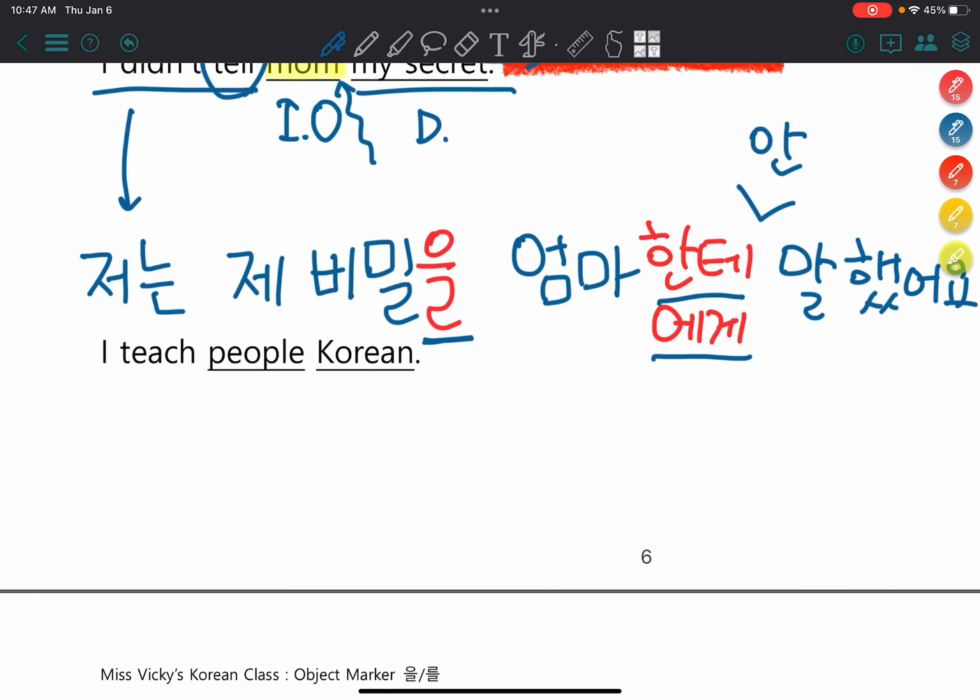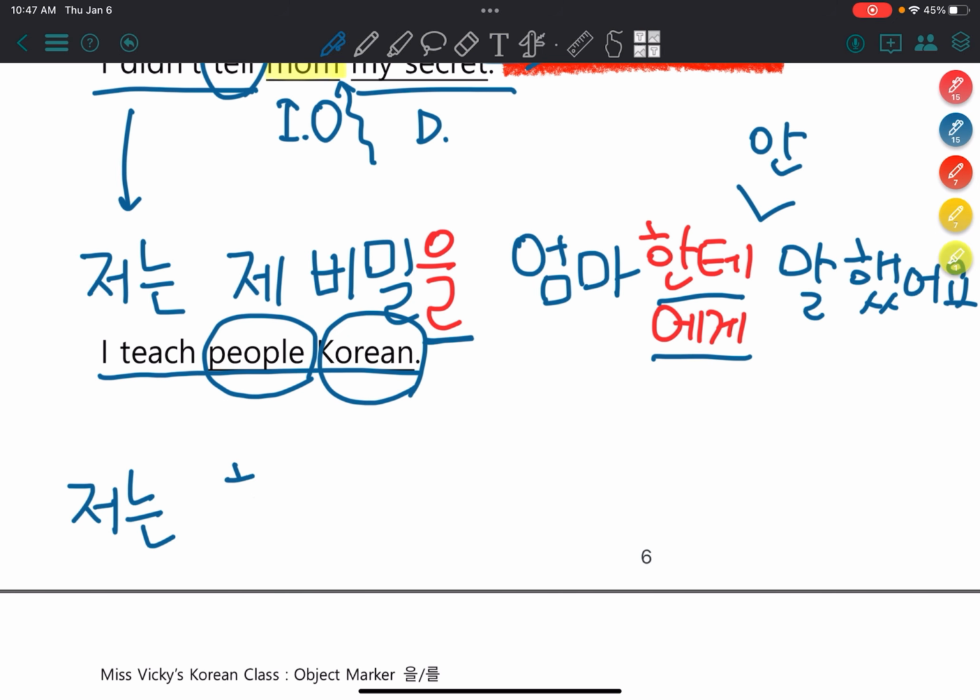How about I teach people Korean? This one as well. People is at the receiving end. Korean is something that is being taught, something that is directly affected by the verb. So, I teach, 저는, and you can say 한국어, Korean.